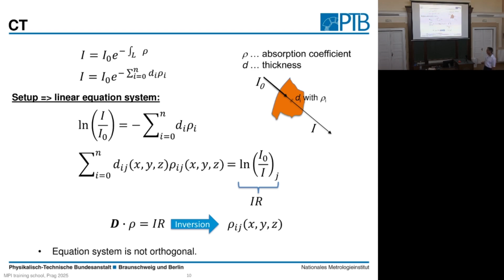But one thing is different to Fourier: the equation system of Fourier is orthogonal, and this one is not. What this means, we will see later.